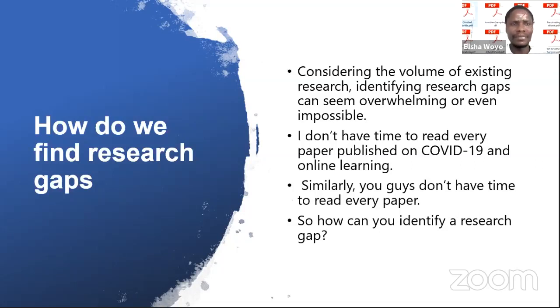For instance, if you are doing COVID-19 research, you literally don't have time to read every paper published on COVID-19 and online learning, because there are millions of papers out there. Out of the millions, you cannot read all of them. I am saying this knowing very well that you also don't have time to read every paper.